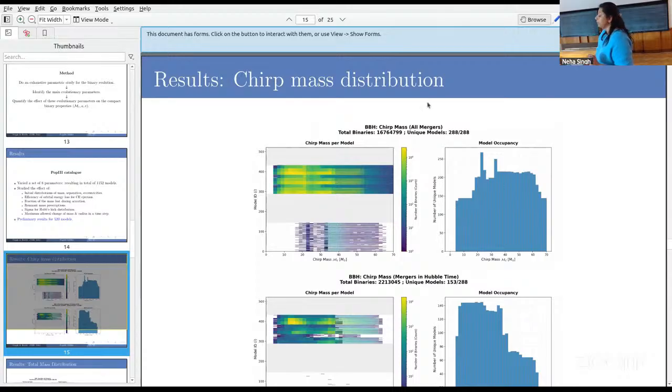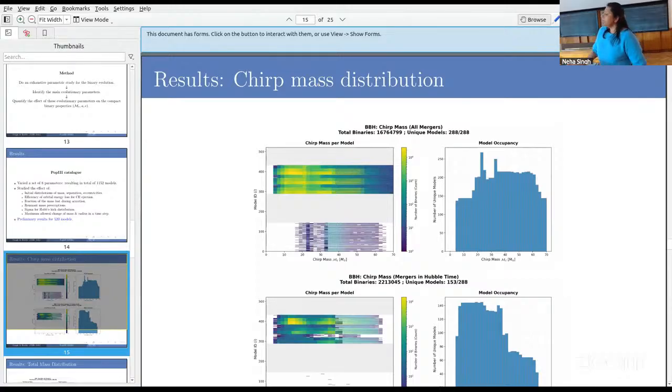The top panel shows all the binaries that were formed in the simulation. But the important point to remember is not all these binaries will merge within the Hubble time. If we have to detect them by current or future detectors, they had to form and merge within the Hubble time.